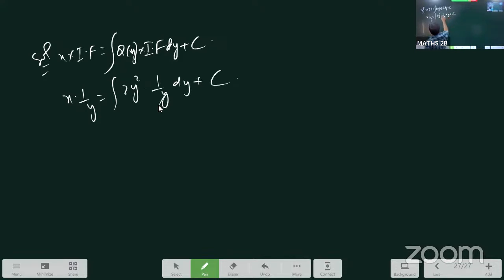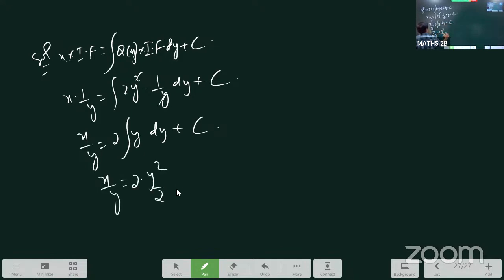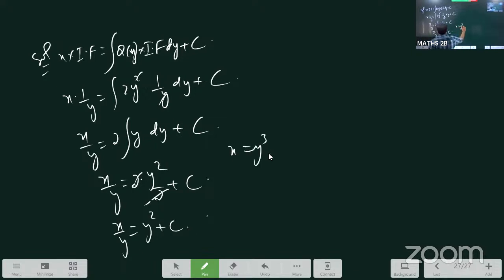Now 1 by y gets cancelled. x by y equals 2 outside, y dy plus c. x by y equals 2 into y square by 2 plus c. 2 gets cancelled. Is it clear? Then x equals y cube plus c y. Bring y to this side, one more step: x by y equals y square plus c. x equals y cube plus c y. That's all.